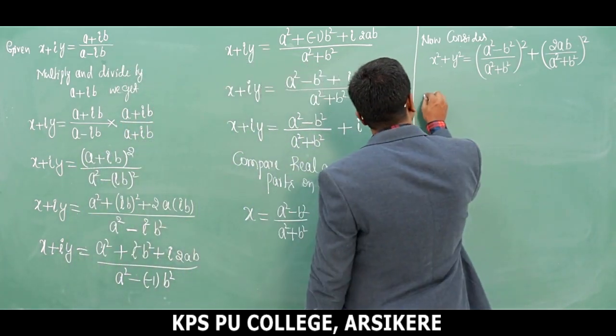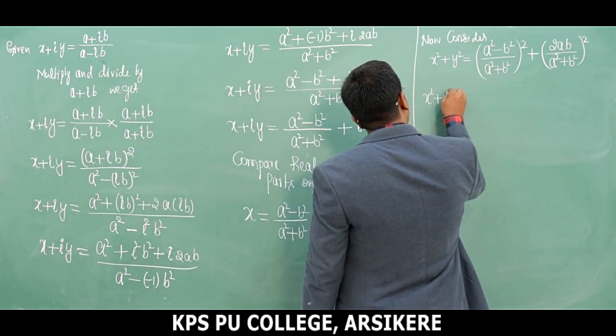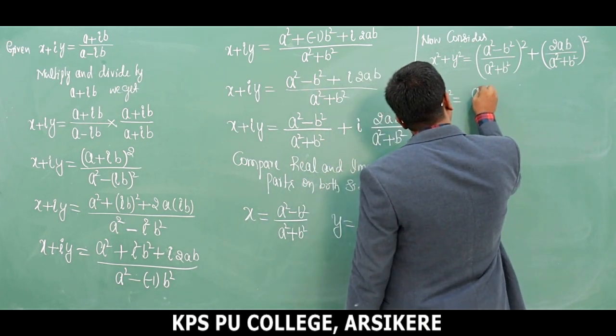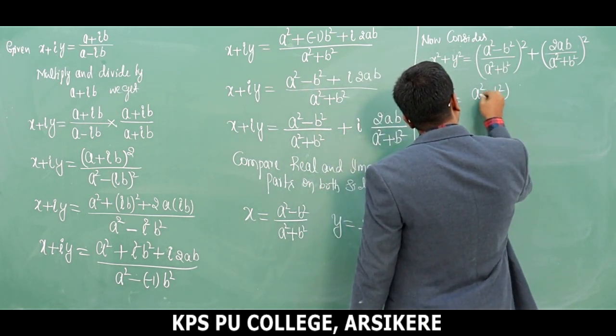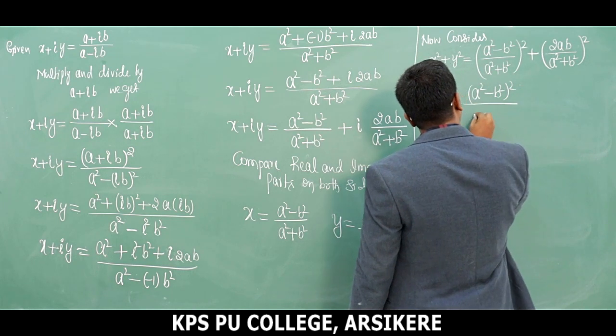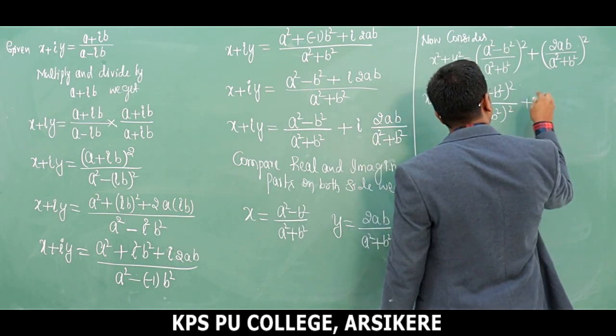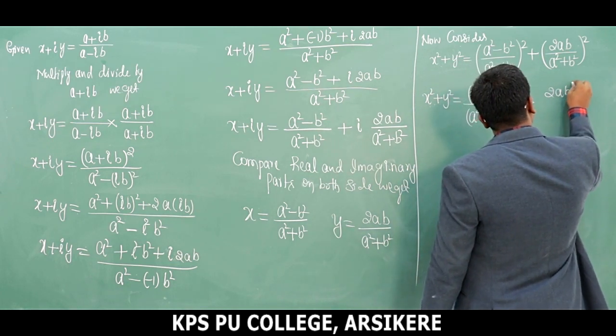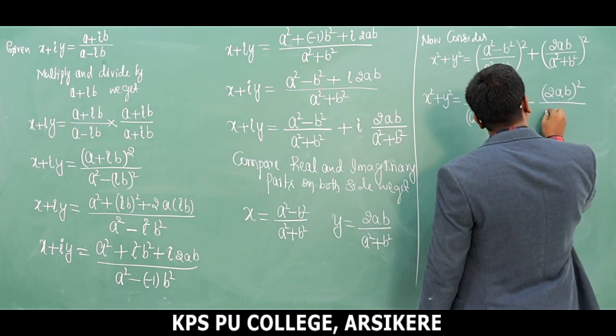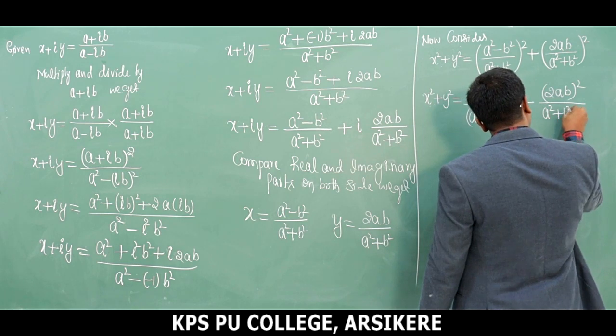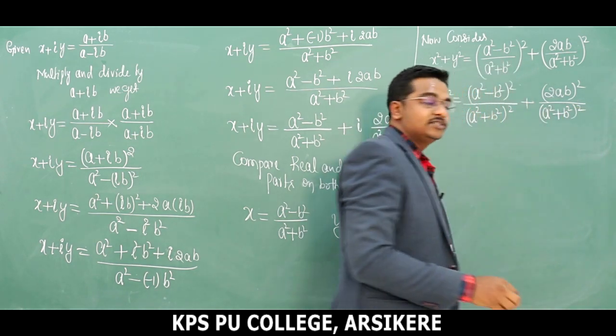Here also we will write this as x square plus y square is equal to a square minus b square whole divided by a square plus b square whole square plus 2ab whole square divided by a square plus b square whole square.